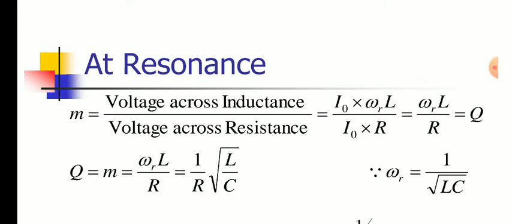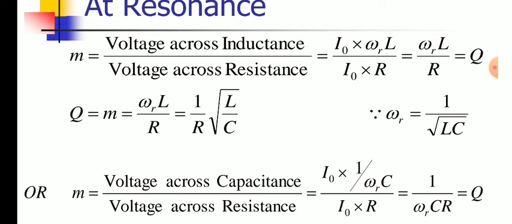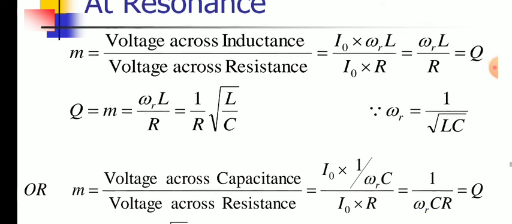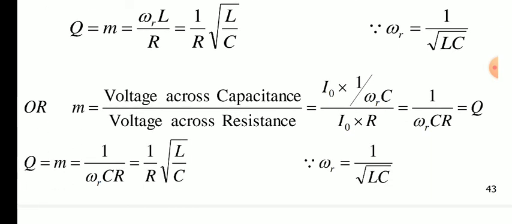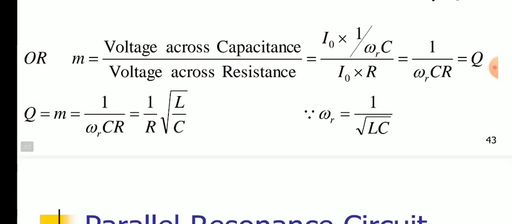So that is equal to omega R into L divided by R, which is nothing but the quality factor Q. Therefore Q is equal to M, and that is equal to omega R L divided by R. Substituting the value of omega R as 1 over square root of LC and simplifying, you get 1 upon R times square root of L divided by C. The same thing you obtain for capacitance also.